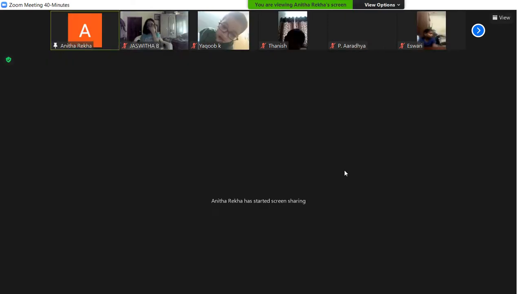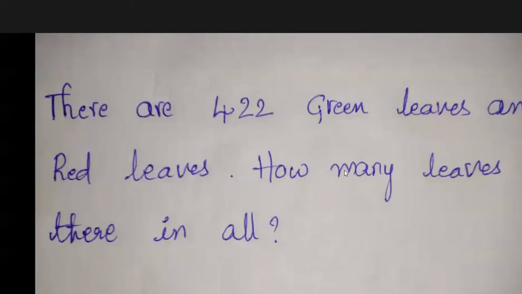All of you write the answer for this word problem. See the word problem. Can you all see? Show me your thumb. I'm reading the question. See, children, there are 422 green leaves and 167 red leaves. How many leaves are there in all?